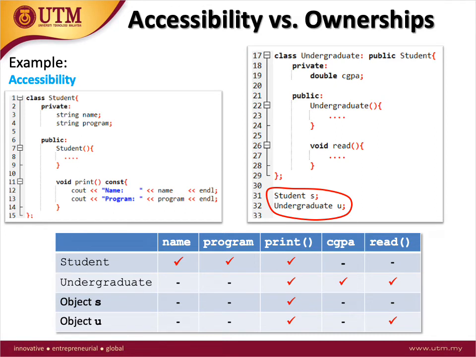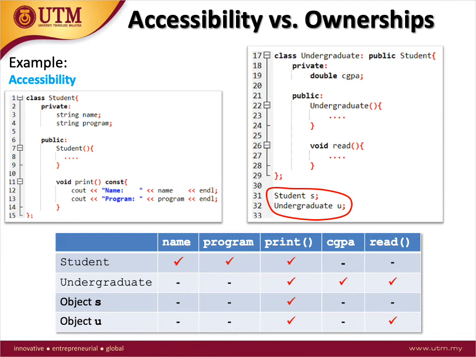However, the print method in the base class is public, so it can access that. The CGPA and read are owned by its own class, so it can access its own members.